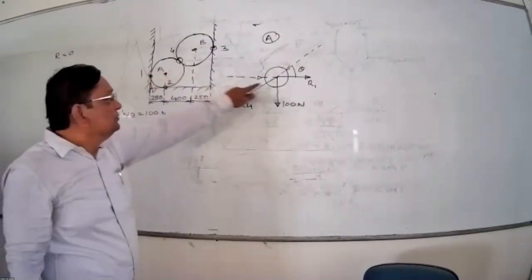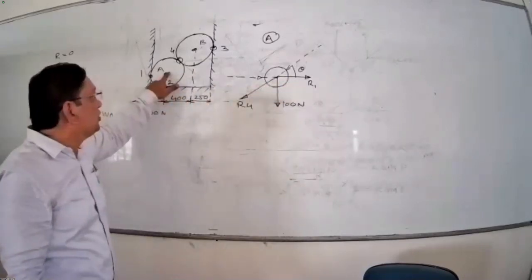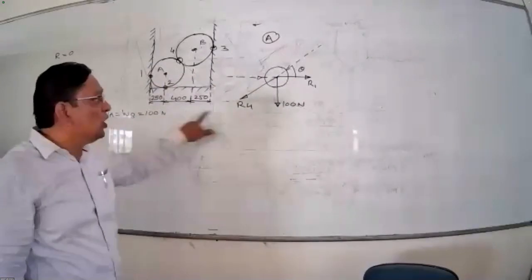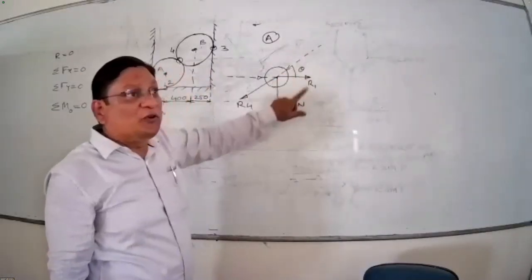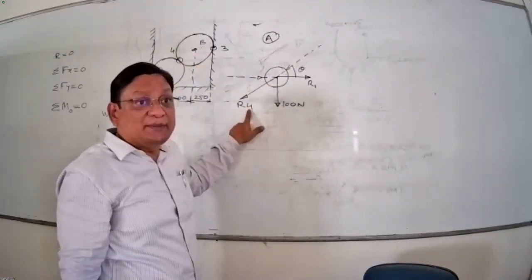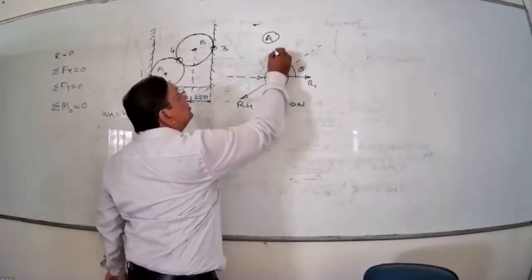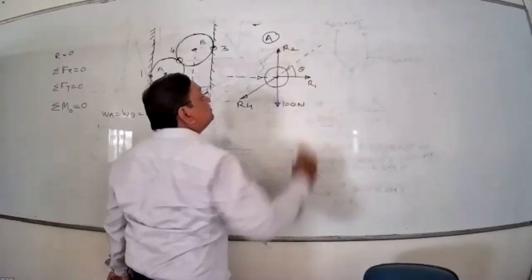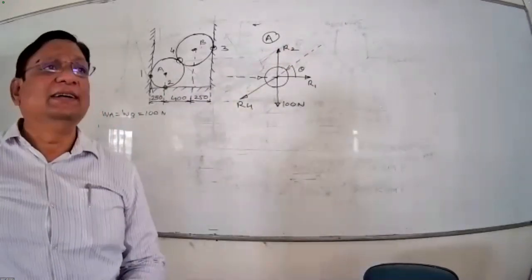R1, the weight of the cylinder 100, like this. R4 is the reaction by cylinder B on cylinder A. That's why I'm showing it in the downward direction. So R4 by the principle of transmissibility, I'm showing it like this. And R2 is at contact point 2. So this will be R2. So this is the free body diagram of cylinder A.